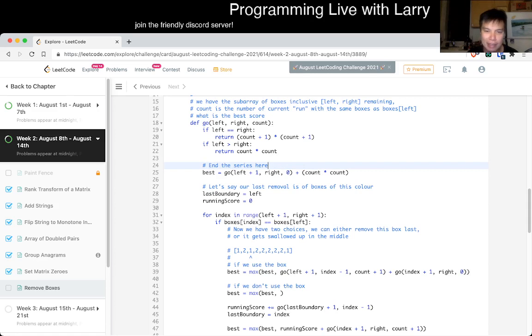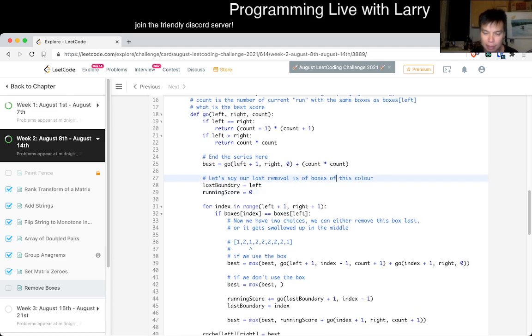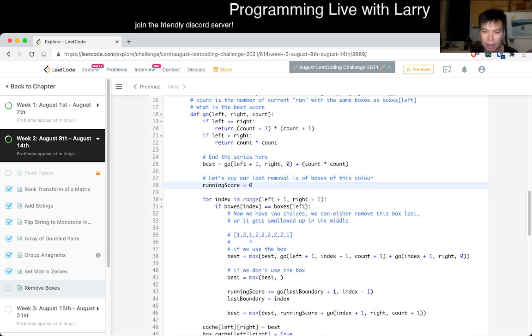Because if we basically end our removal at this current point, this is going to be the thing, right? And then we have to add the score as well. Okay. We don't need the boundary anymore. So if we don't use the box now, do we just ignore it? Yeah, because by definition, if we do use the box, then we will have this partition. So then we shouldn't need to know this.